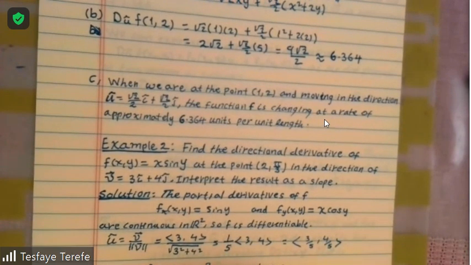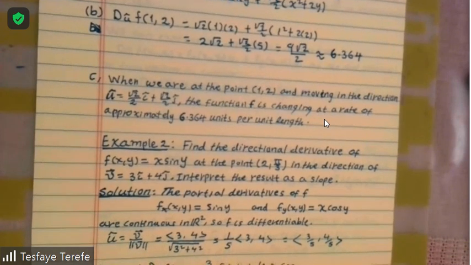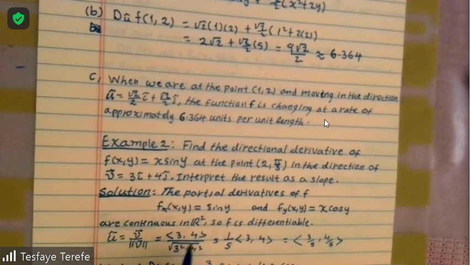That is what we have to do. And this is really the directional derivative. Then at the point, I'm sorry, 2 and pi over 3.